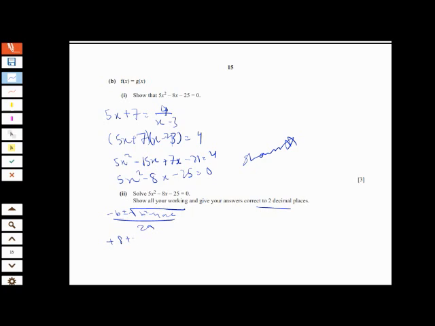So let's start with plus first. Plus square root of b squared, which is negative 8 squared minus 4, a is 5, c is negative 25, over 2 times 5.